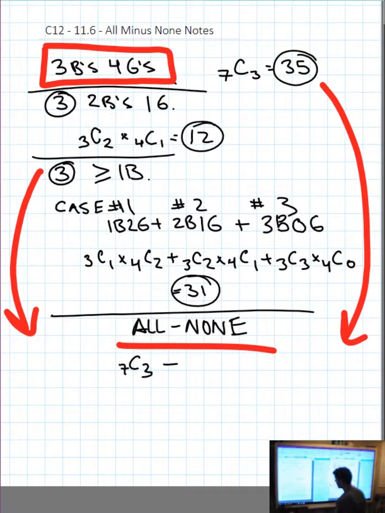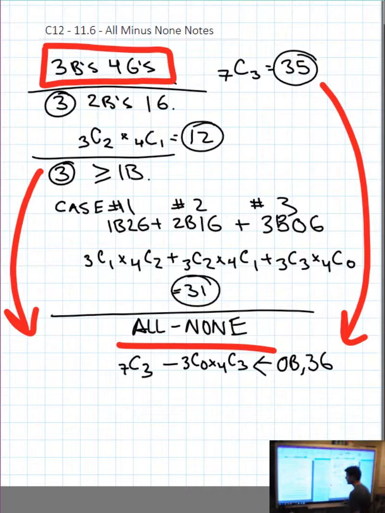Minus none, no boys. 0 boys, therefore 3 girls. That means we have 3 boys to choose from, and we're choosing 0 of them, times 4 girls to choose from, and we're choosing, therefore, 3 of them.